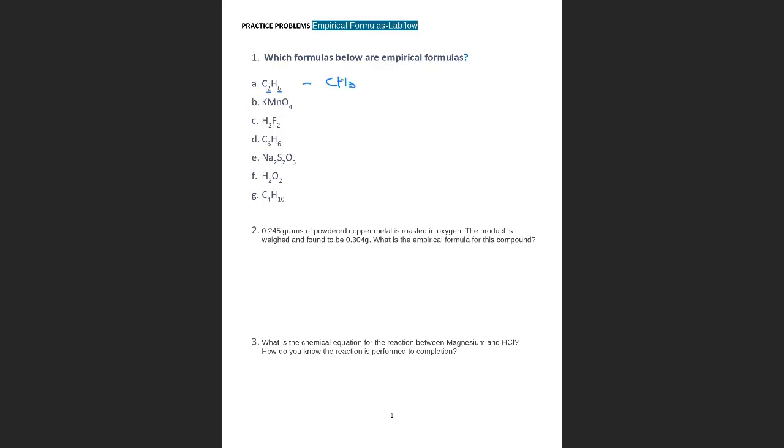Awesome, very good. Now B. Is B an empirical formula? Yes. How about C? No, very good. Exactly. How about D? Yes, awesome. That is the empirical formula. How about E? Is it an empirical formula? Yes, awesome. How about F?